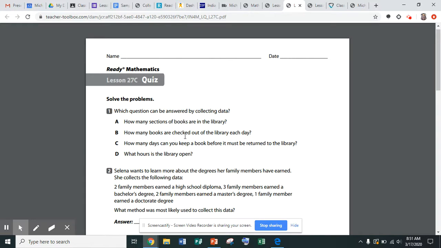B, how many books are checked out of the library each day? C, how many days can you keep a book before it must be returned to the library? And D, what hours is the library open? So which one of these questions can be answered by collecting data, either in an observation, a survey, or experiment?